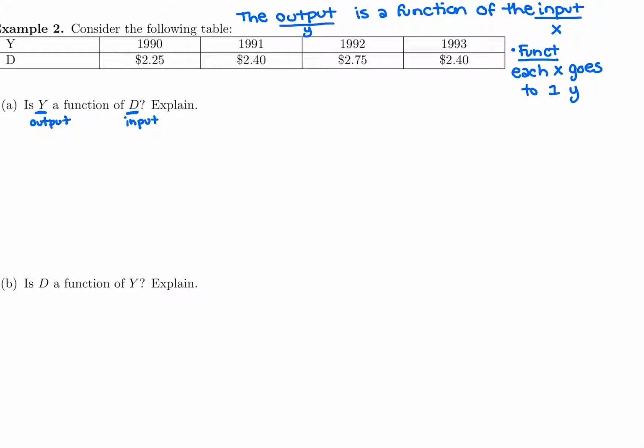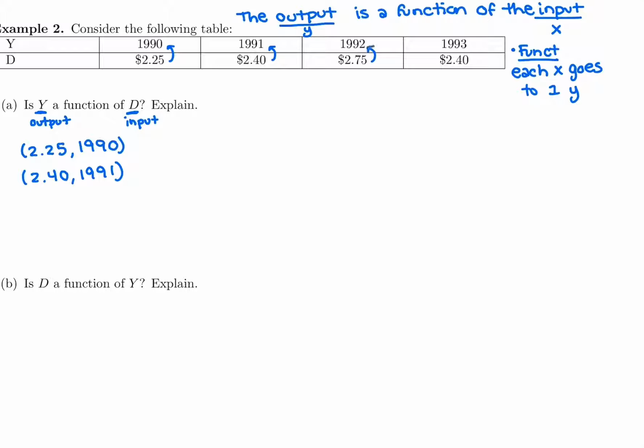So if we arrange it that way, we can think about these as ordered pairs. So this first ordered pair would be 2.25 is the input, and you get out 1990. Okay, so far that only goes to one y value. That looks like a function. Next x value or independent input, that d is 2.40, and it goes to 1991.